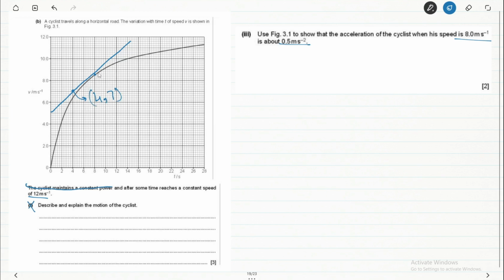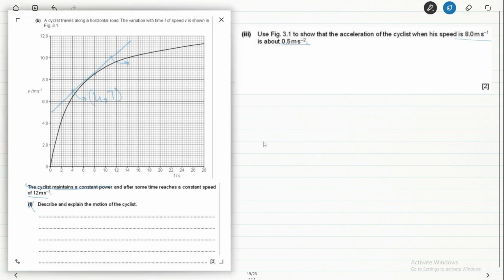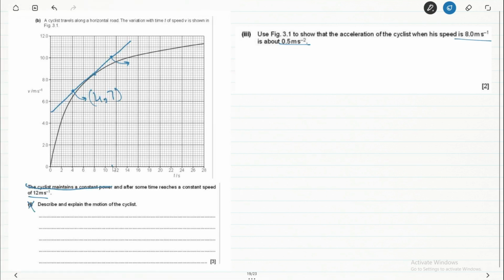And the second point that I'm going to take here is basically this one, which is 10.2 on the y-axis, and this here, let's just take it to be this point.